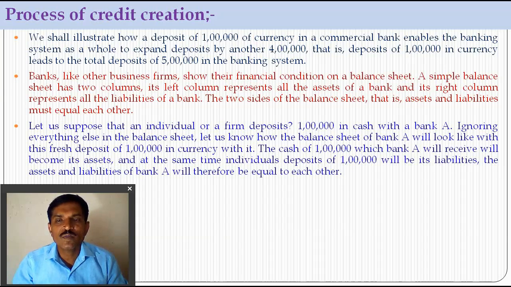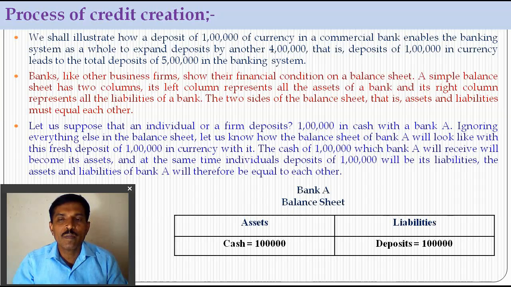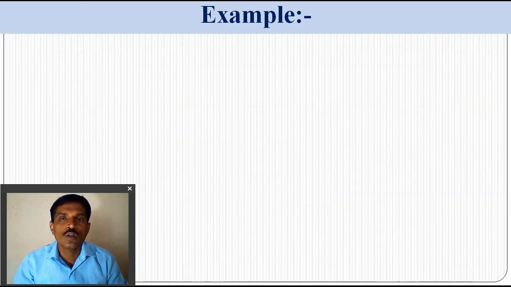For our example, we look at 1 lakh rupees held by the first bank in its account, and on that basis it gives loans to other customers. In bank A's balance sheet, the asset cash is 1 lakh, meaning the customer's deposit of 1 lakh is a liability, because after some time the customer demands his money.